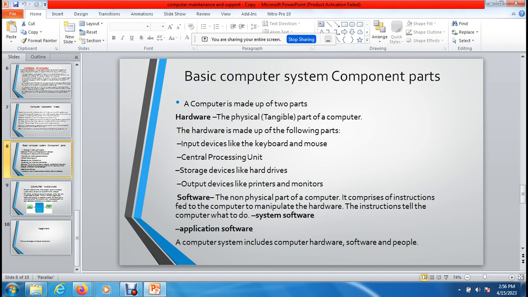For example, we have the system software, which is an OS, and application software such as Microsoft Word, database, etc. This application software helps the user to accomplish a certain task. Then you have people, the computer system component, and people operate the computer.